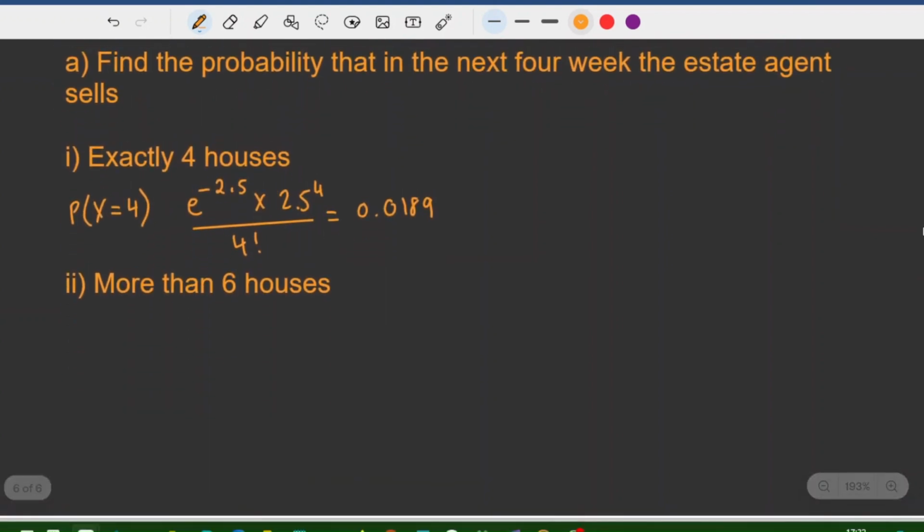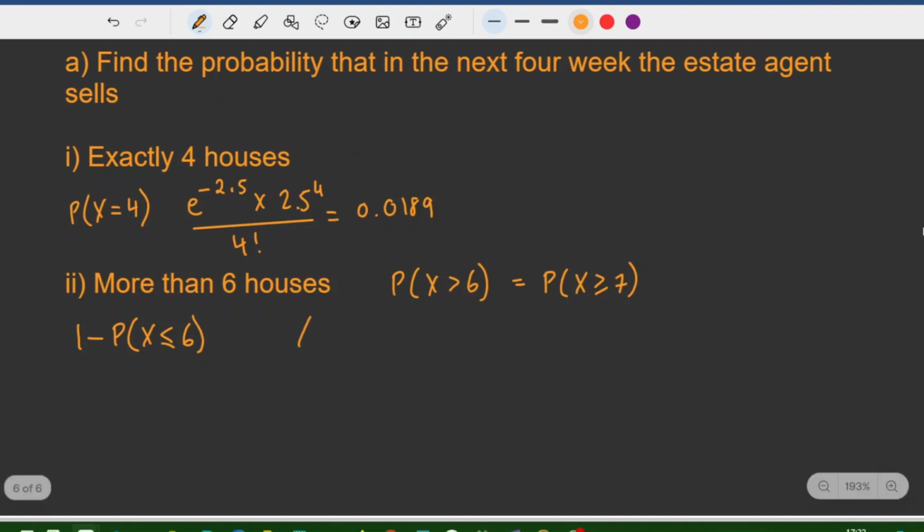And this one, more than 6 houses. So we know that more than 6 houses indicates this, which can also be written as this. And to find this out, you can write it as so.